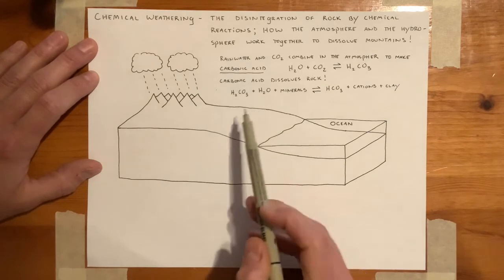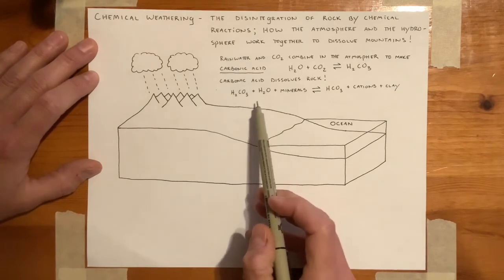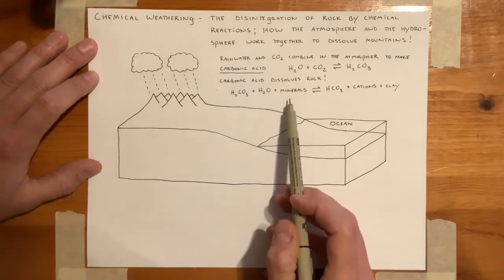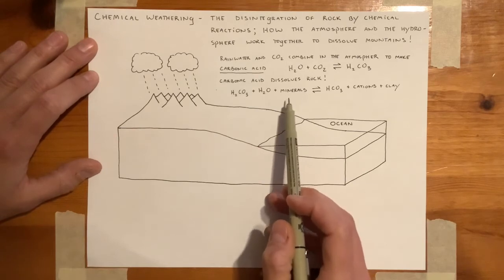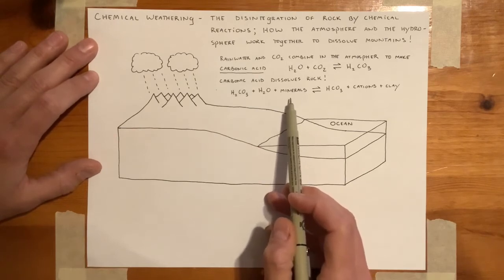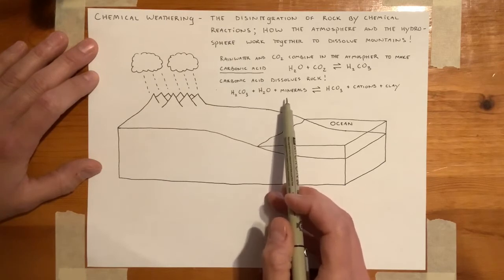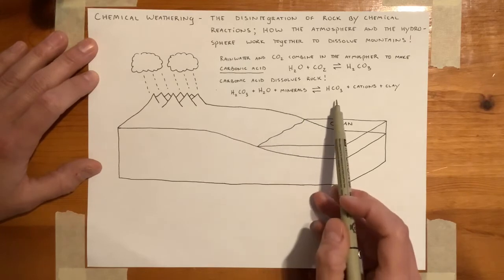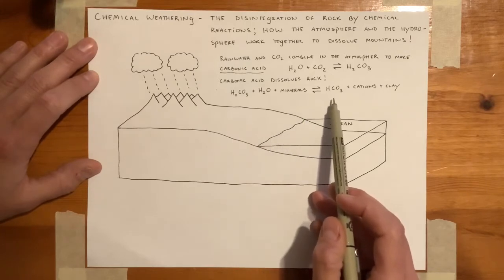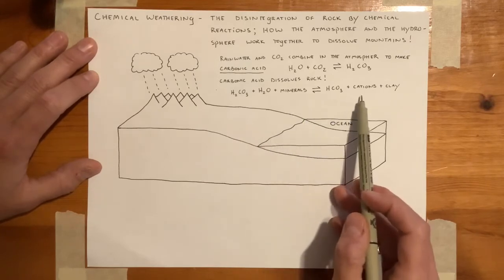So carbonic acid combined with water is going to react with minerals, right? So all the different minerals that we learned about at the beginning of class, and it's going to work to dissolve them. And so when carbonic acid in water dissolves minerals, the products are bicarbonate, HCO3, some cations, right?